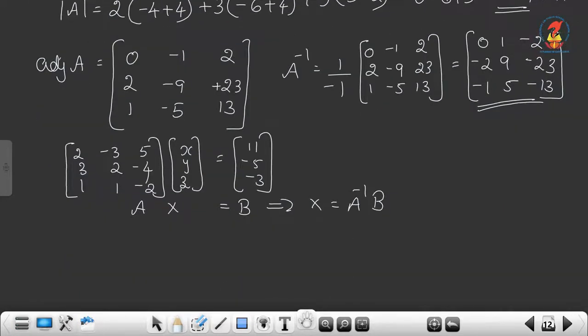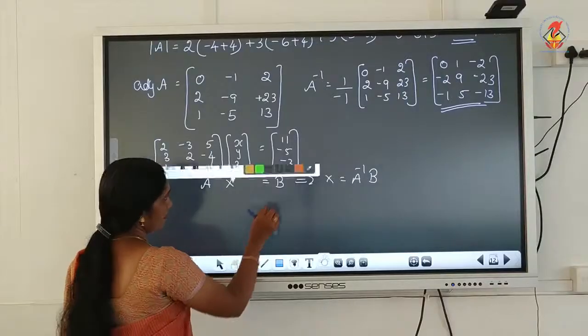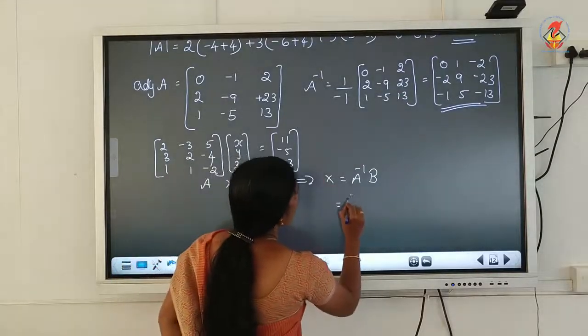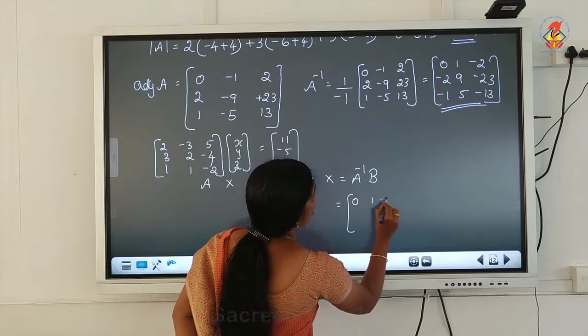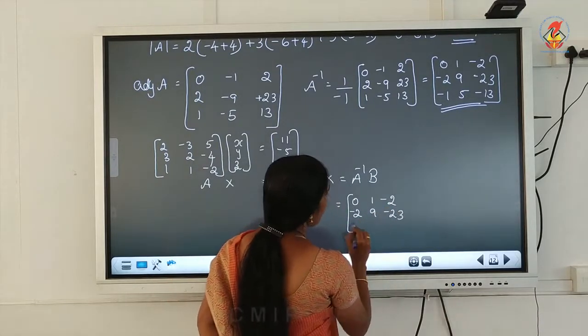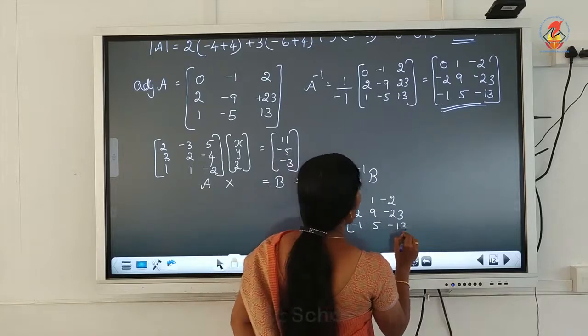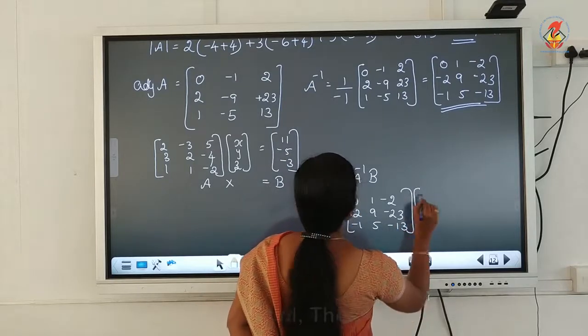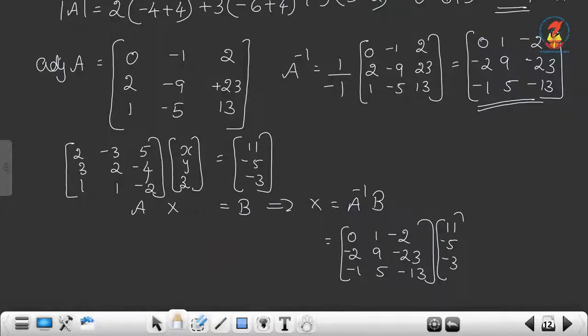Now substitute for A inverse and B. What is A inverse? [0, 1, -2; -2, 9, -23; -1, 3, -... ] into B. Multiply: 0 into 11 is 0, 1 into -5 is -5, plus 6.